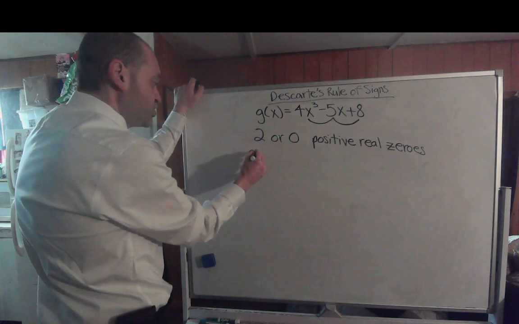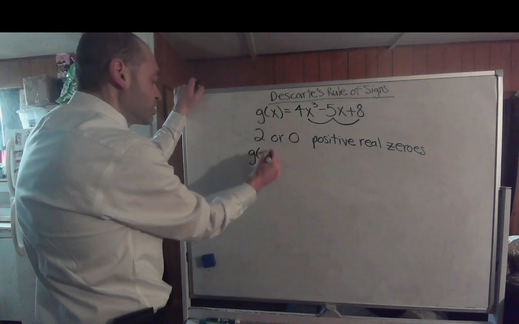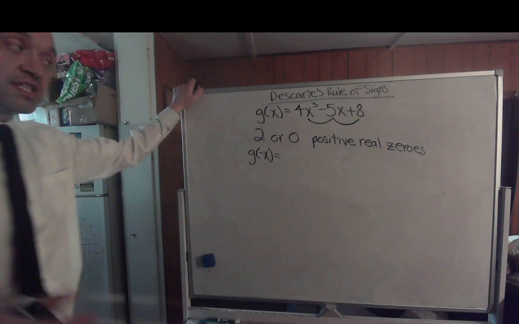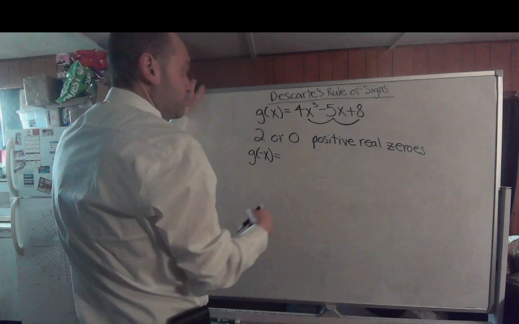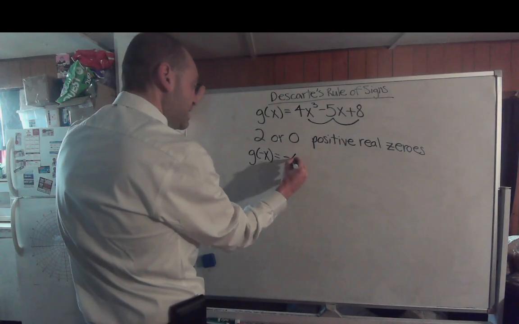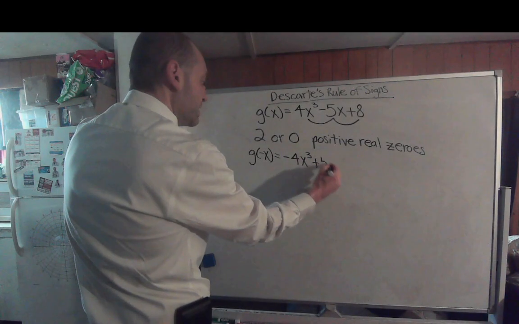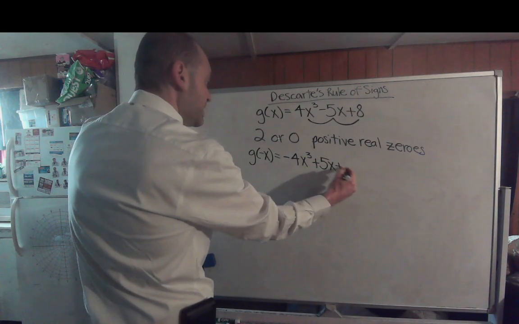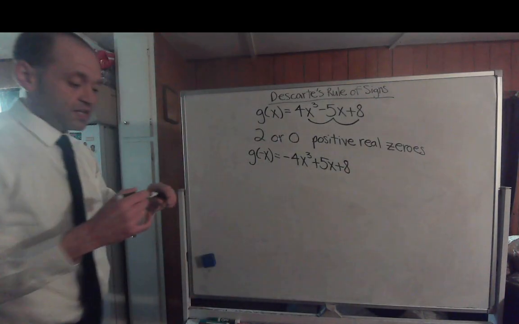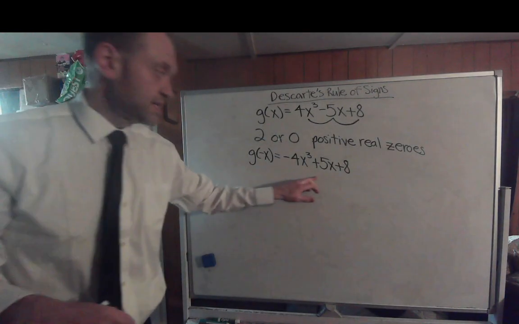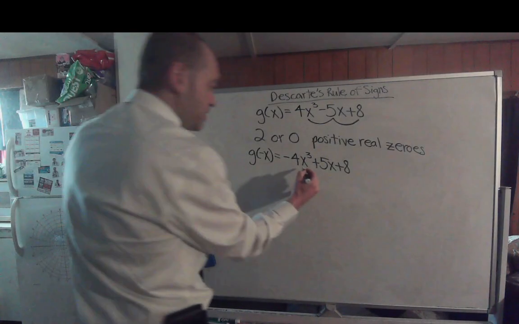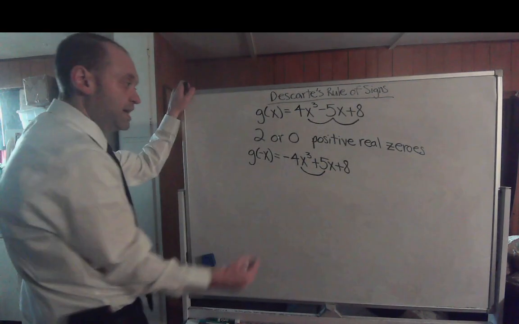Now we have to take g of negative x to determine the number of possible negative real zeros. So take g of negative x, you'll get negative 4x to the third plus 5x plus 8. Between negative 4x to the third and positive 5x, you have one sign change, and that's all you have.